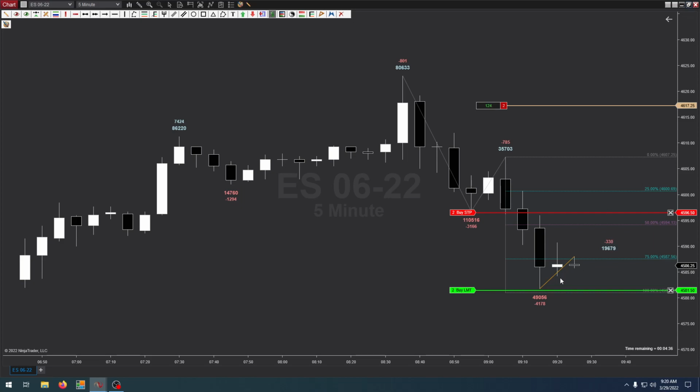If it takes out this low right here, I'm going to trail to somewhere right here. If we can get below this low here, we have a chance to get to the next low. Come on. Decent amount of negative volume delta here.